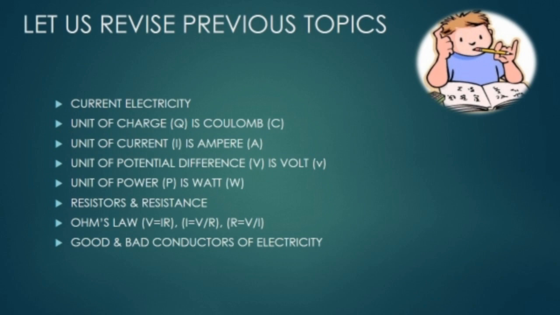So let us revise some of the topics that we have studied in the 9th standard. The very first topic is current electricity. This was the name of the chapter, current electricity. Whenever electricity flows in a metallic conductor, it carries electric charge.